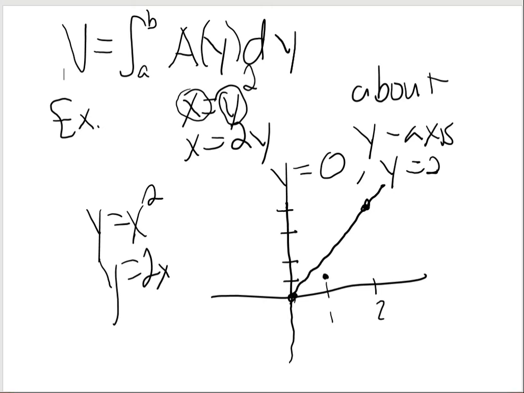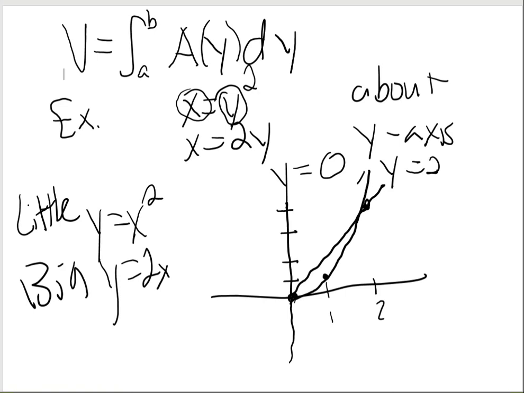So this is where the other function would lie. Looking at it, it looks like our little one is going to be this one, and our big one is going to be y equals 2x. So that translates up here into this one's our little one, and this one's our big one.